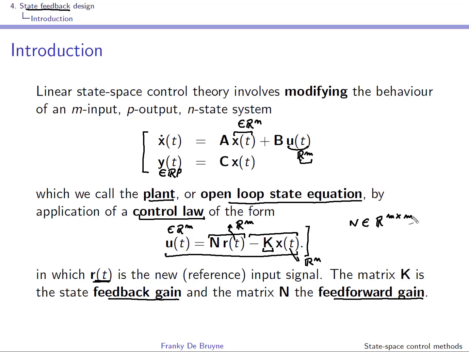It has m rows, m columns, and K lives in R^(m×n). In the case when there is one input, then K becomes a matrix that lives in R^(1×n). So K here is a row vector in this case, but this is only in the case where you have only one input.